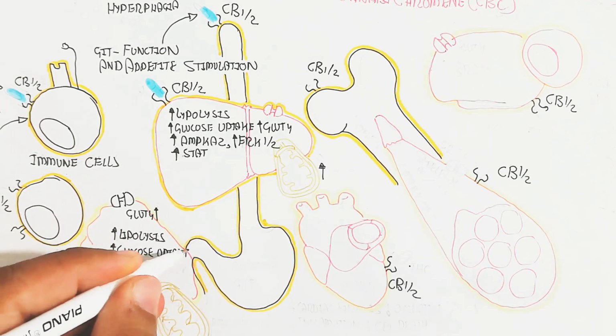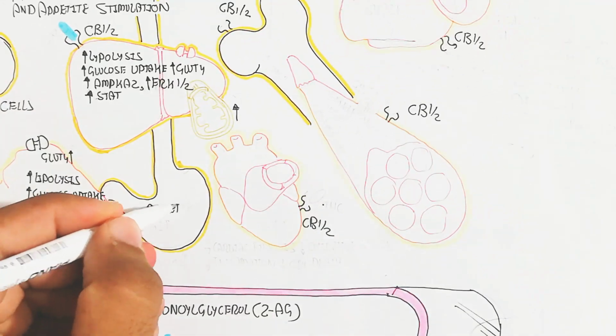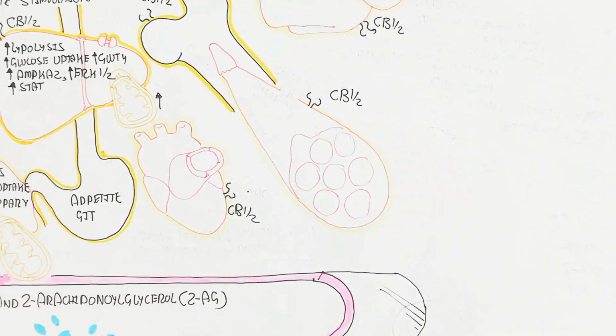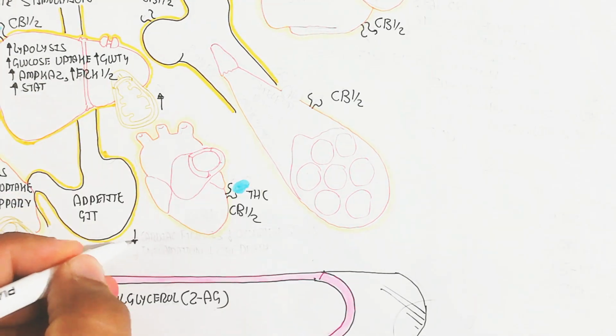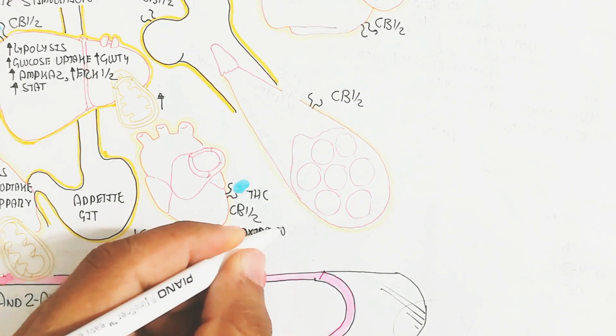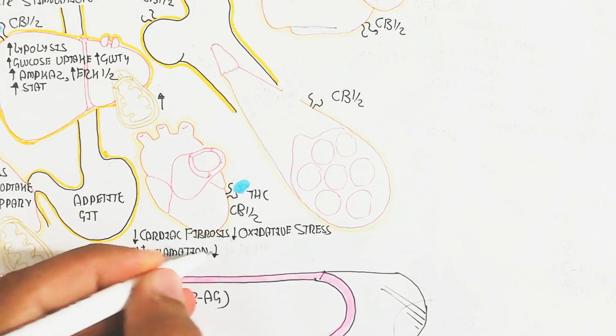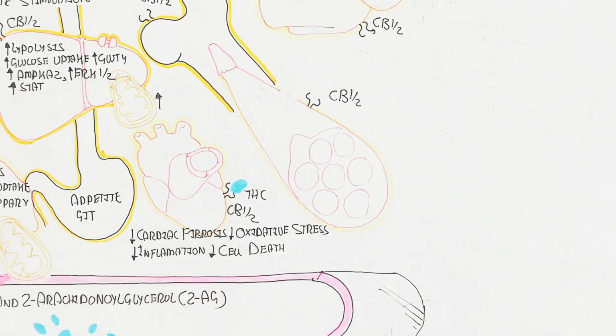In adipose tissue, the GLUT4 channel increases and lipolysis increases. Glucose uptake also increases, and PGC and PPAR alpha increase. In cardiac tissue, when it binds, cardiac risk is decreased, oxidative stress is decreased, chances of inflammation decrease and cell death decreases.